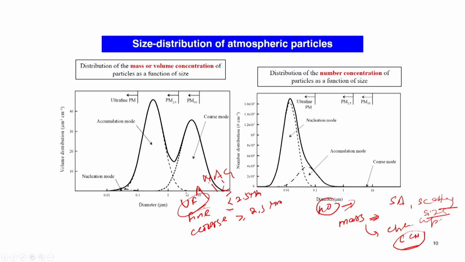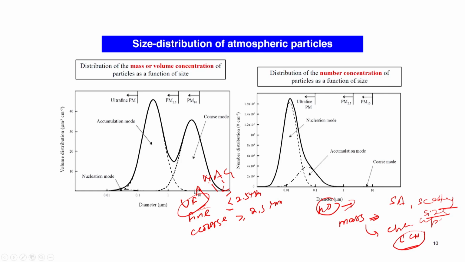That is why the first peak is called fine particles, which is PM 2.5. It starts from about 100 nanometer onwards to 2.5 micrometer. Particles less than 100 nanometer are generally called nucleation mode particles. And the second peak, as you can see here, is somewhere around 8 to 10 micrometer.